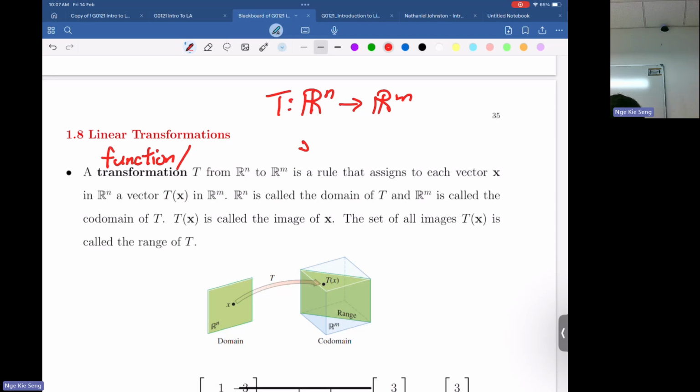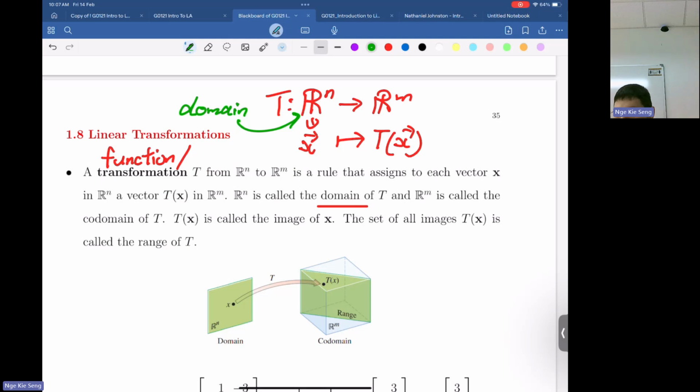Given a vector in Rn, I need to give you a vector in Rm. There's an idea of who comes first, who comes later. The first one that comes, we call it the domain. So the first Rn is the domain.